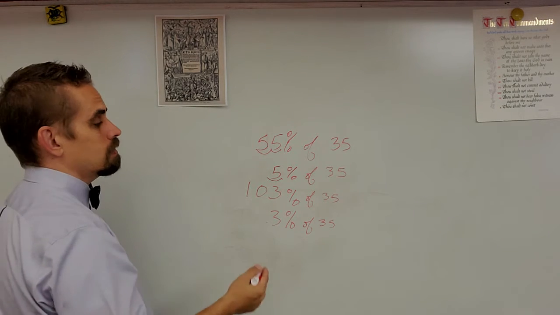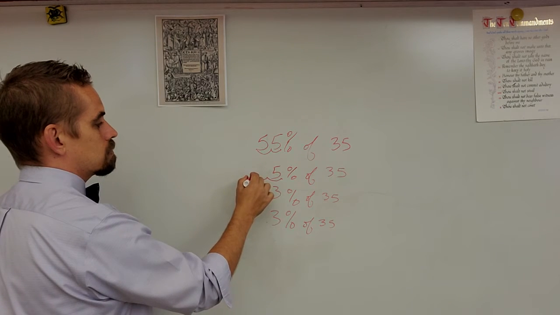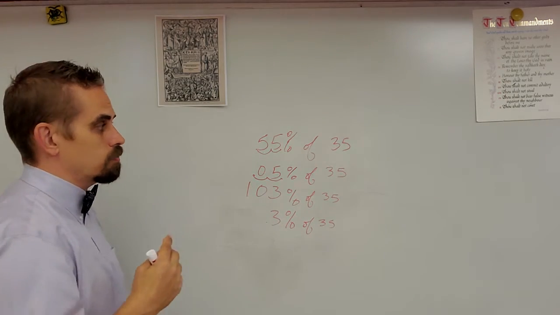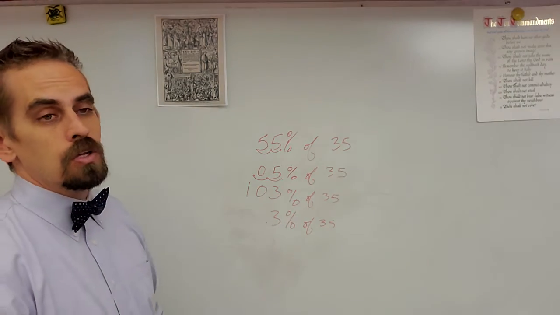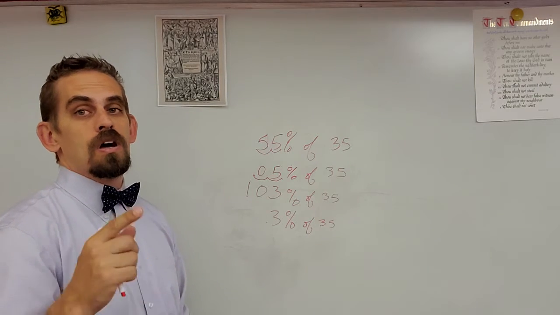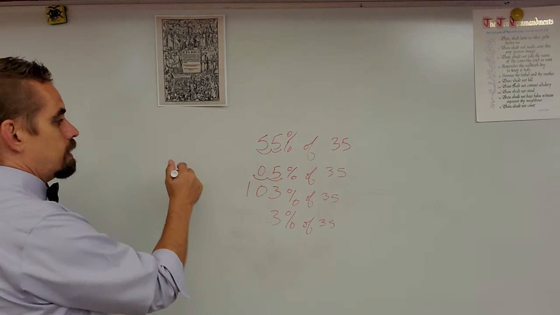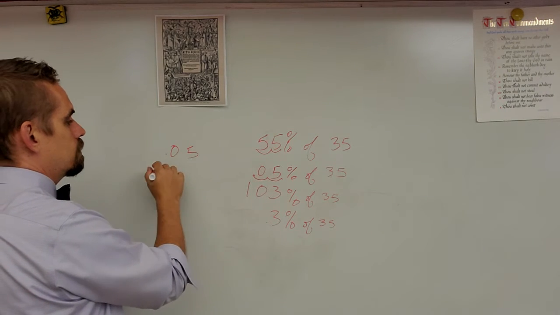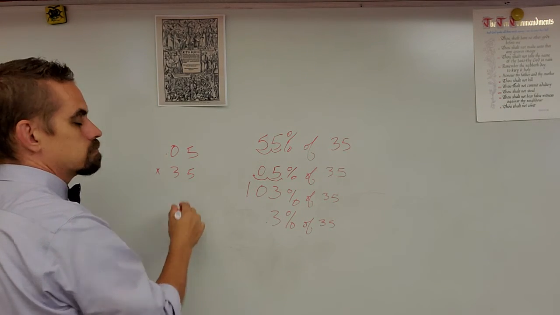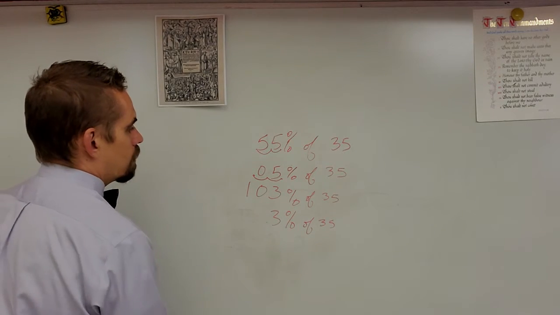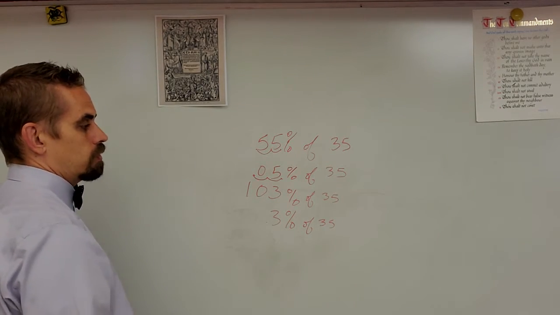What do I do? I still move it, and add a 0. When you want to find the percentage of a number, you always move the decimal place on the percentage number to the left twice, and then multiply. So now I have 0.05 times 35. And that's it.